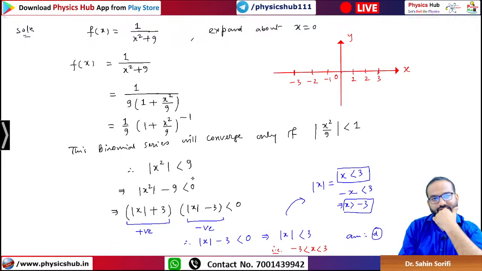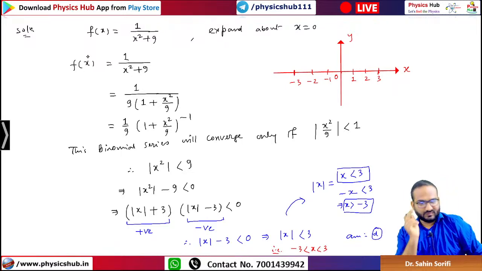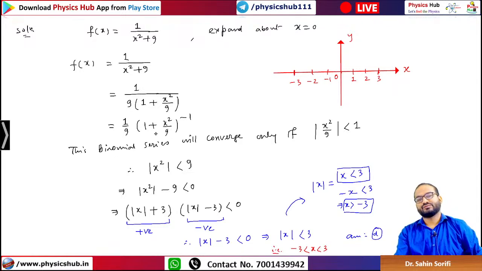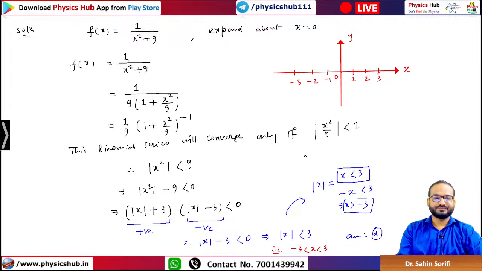If you check values of x very close to 9, x square, if it comes very close to 9, then the function will diverge. So we have to apply the binomial series condition. From that condition we see that between -3 to +3 the function converges.